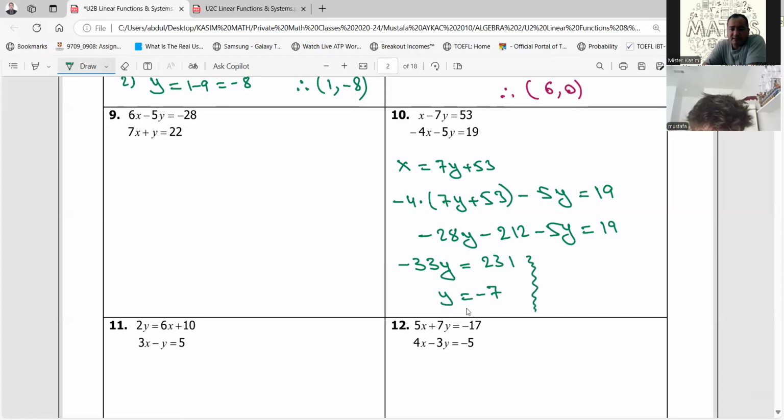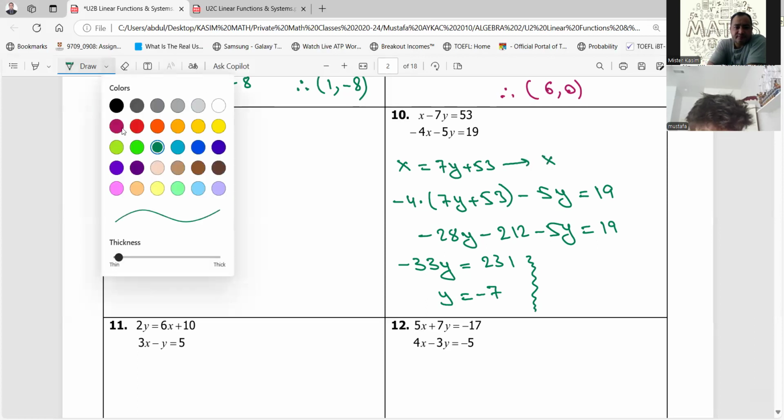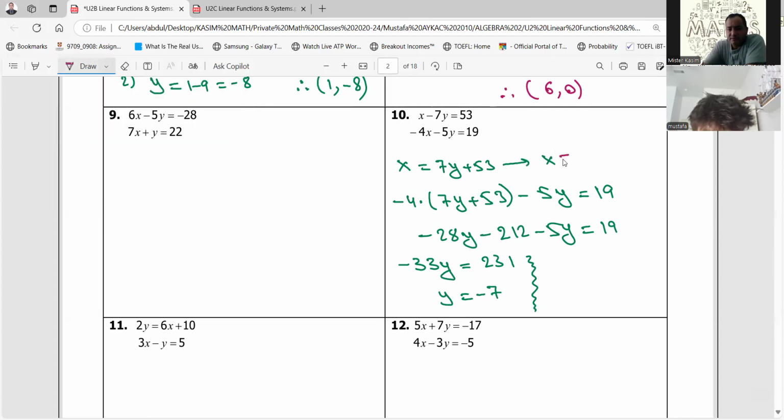And now to find x, let me use this equation. x equals 7 times y, what is y? Negative 7, times 7 is negative 49, plus 53. That's equal to 4. So x value is 4, y value is negative 7.